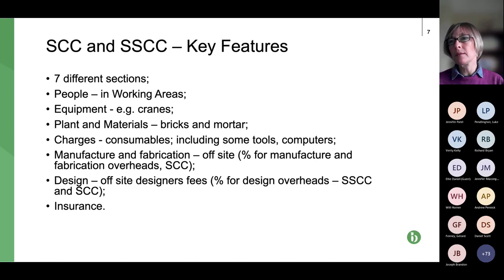Equipment, that's the cranes, the machinery that assists in the construction. Plant and materials, so they're the bricks and mortar, the substance that goes into the build.